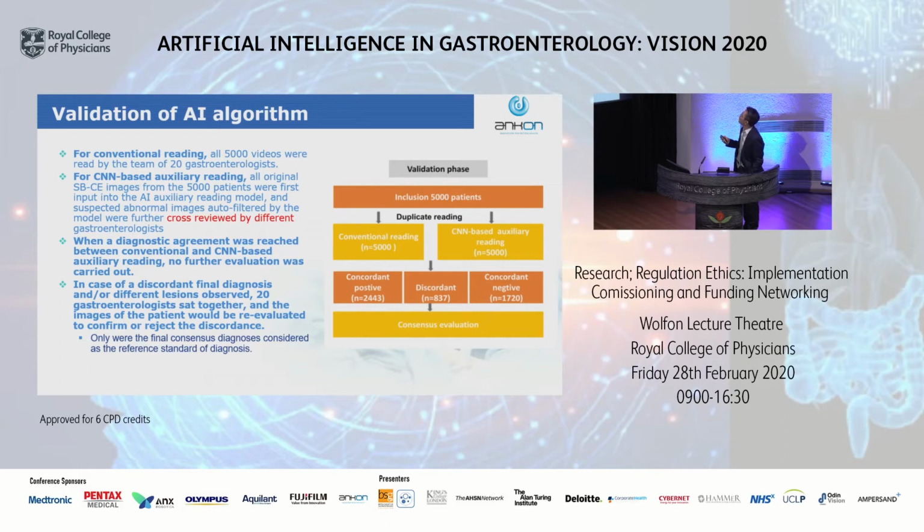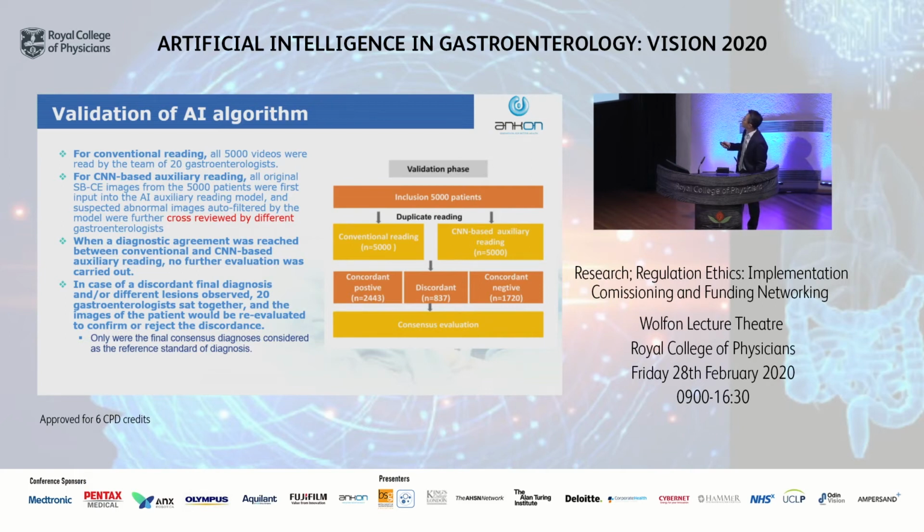We included 5,000 patients. It's just like a head-to-head comparison. The same video is sent to one group of 20 doctors for the conventional reading, and the same video is sent to the AI-based algorithm for reading. Then the results come out as concordant positive, concordant negative, and discordant.